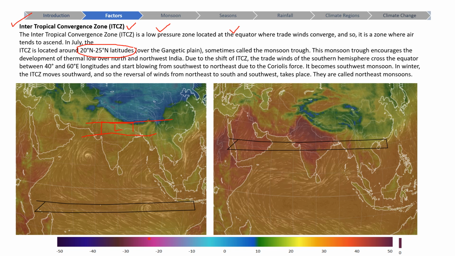Then what happened here? Look at this. Due to the shift of the ITCZ, the trade winds of the southern hemisphere cross the equator.